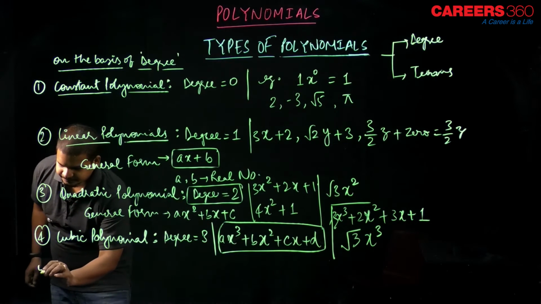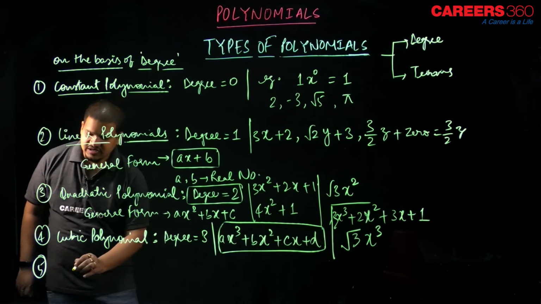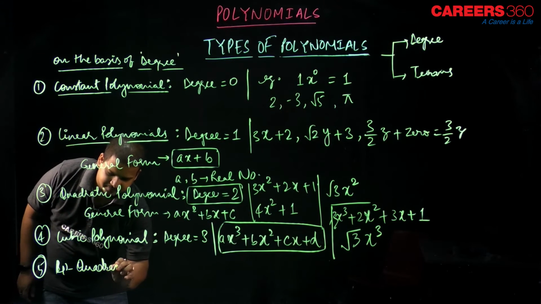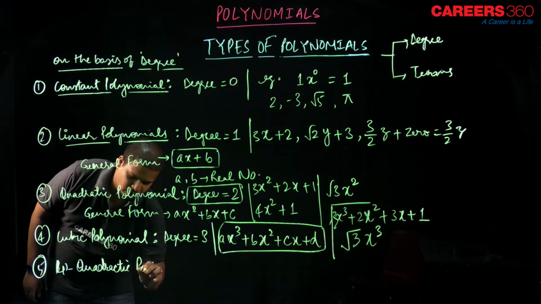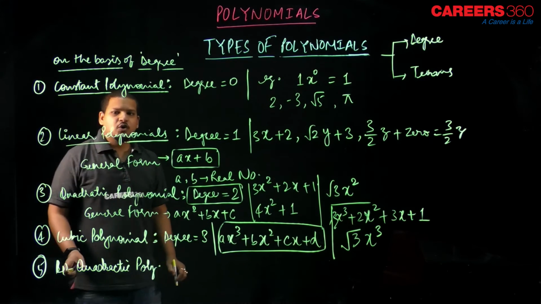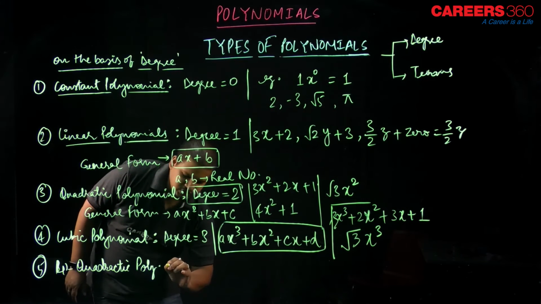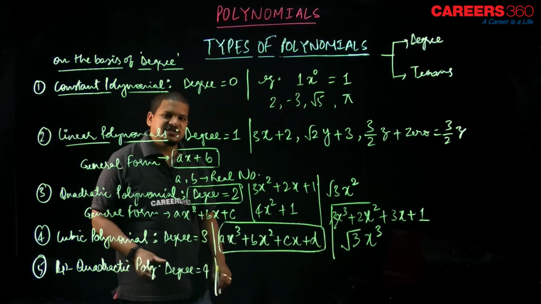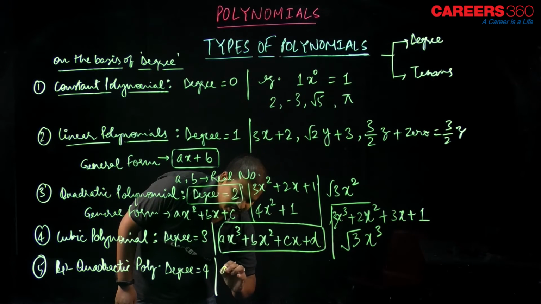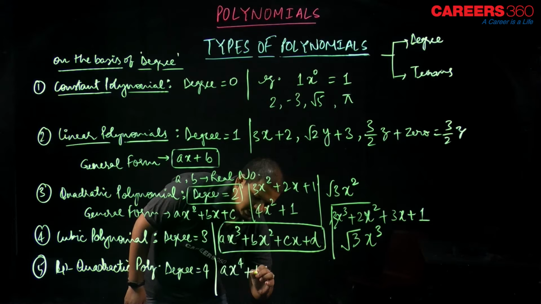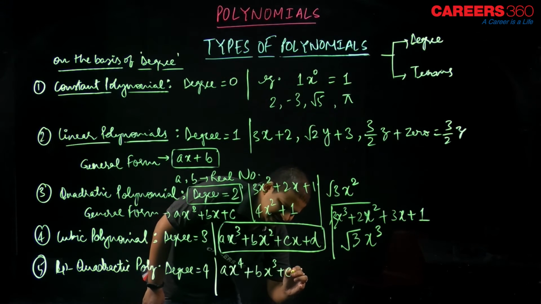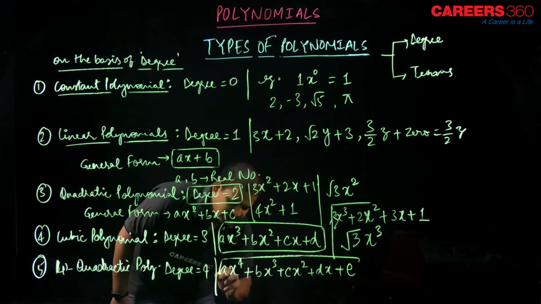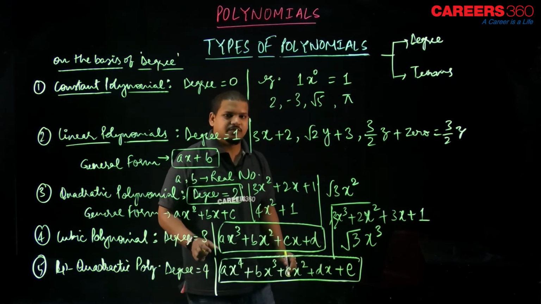Now moving forward, the last one we have is bi-quadratic polynomial. So bi-quadratic polynomial is what? As you can predict, it will have a degree of 4 and its general form will be ax to the power 4 plus bx cube plus cx square plus dx plus e. I hope it is completely clear to you, right?